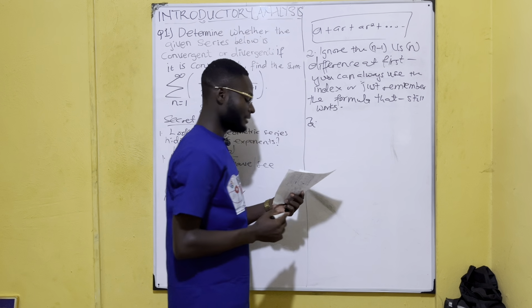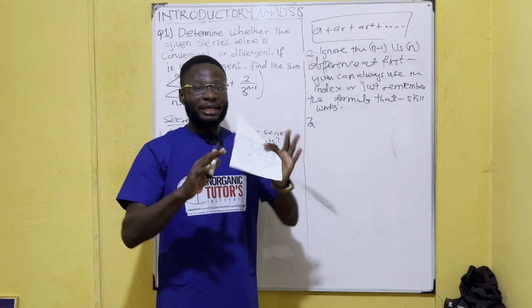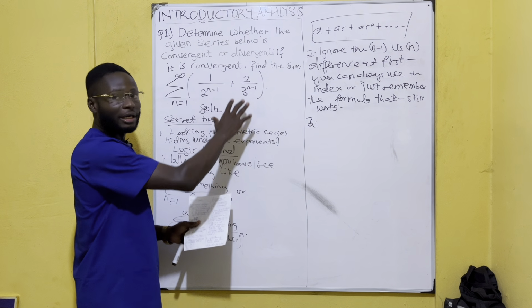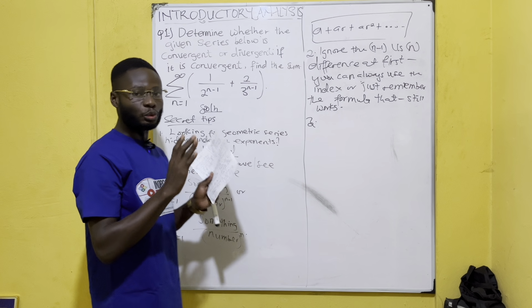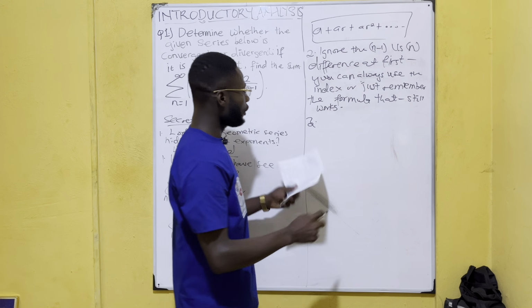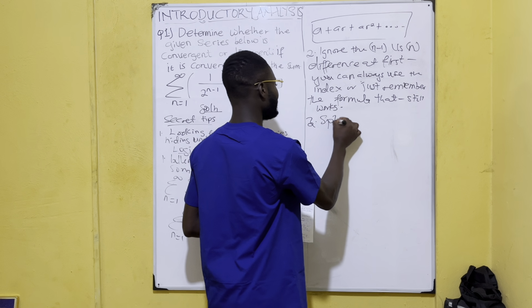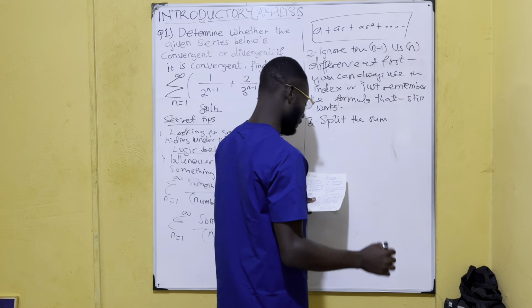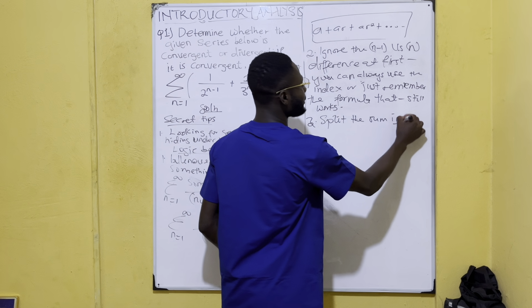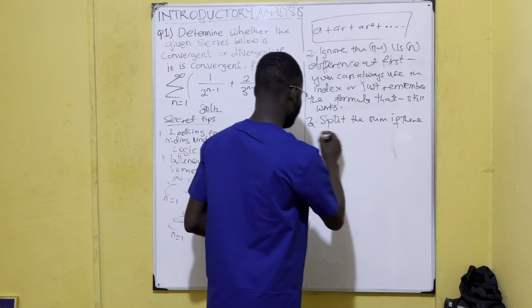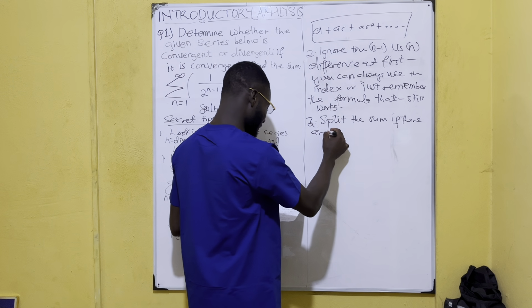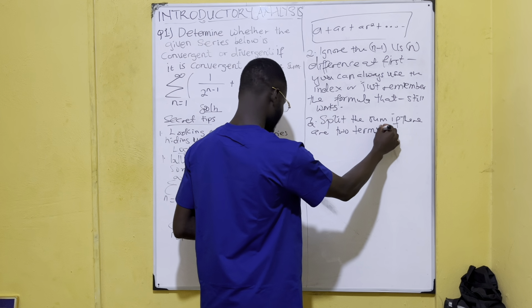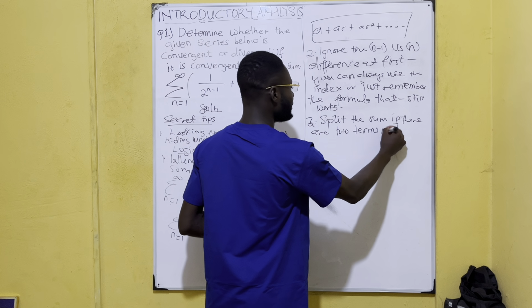Third secret, you can split the sum. Okay, so as we have here, we can split the sum into two parts if there are two terms inside.